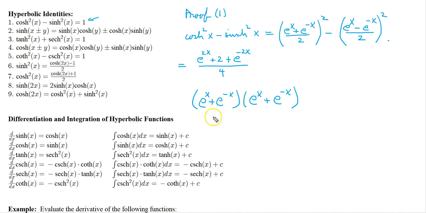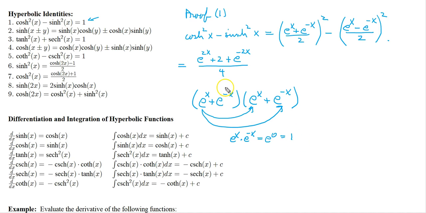So when we FOIL this out, e to the x times e to the x, that gives us e to the 2x. e to the x times e to the negative x, well, we add the exponents together, and that's going to be e to the 0, and so we get back 1.